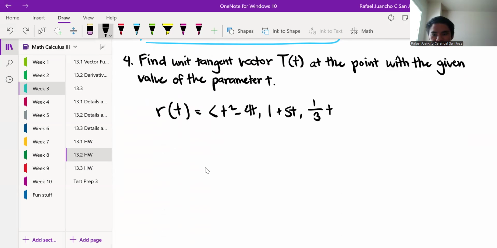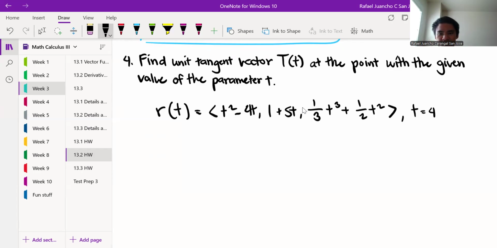Oh, that's cubed. 3 cubed, t cubed. Then this is squared. Just taking off my earphones. And yeah, those are my 3 components, and my condition, or my t, is at 4.